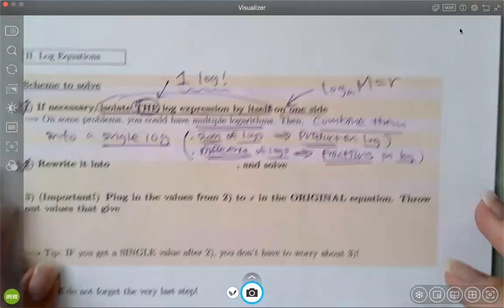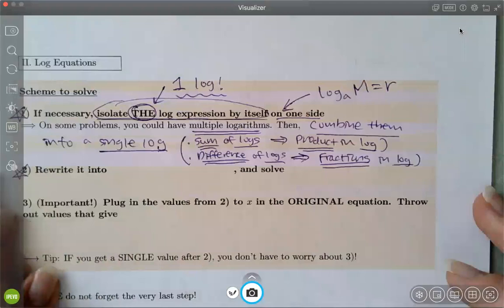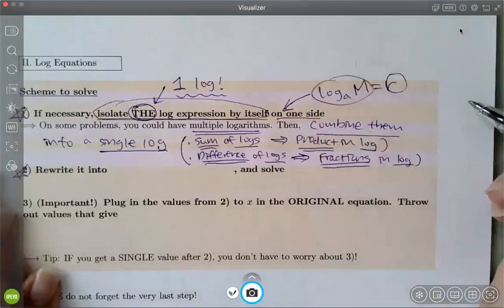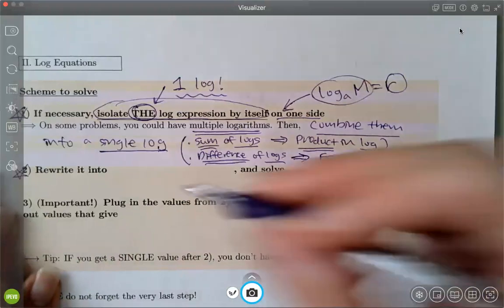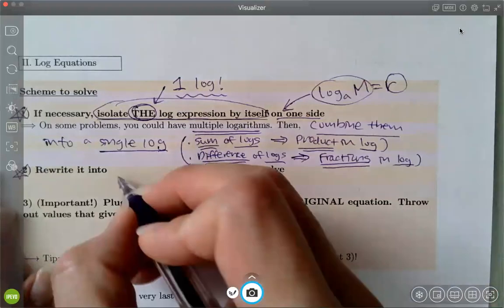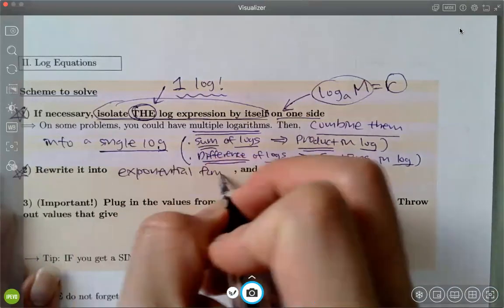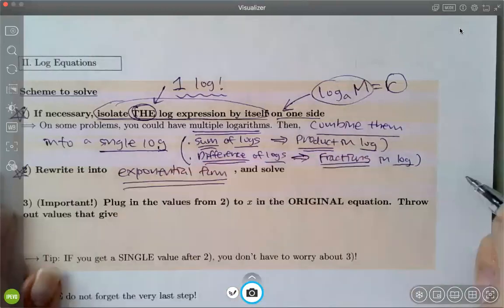Log AM equals R. Okay, so we just have a single log, and then we have a number on the right-hand side. So what can you do here? We can convert this into exponential form and solve. So what does that mean?